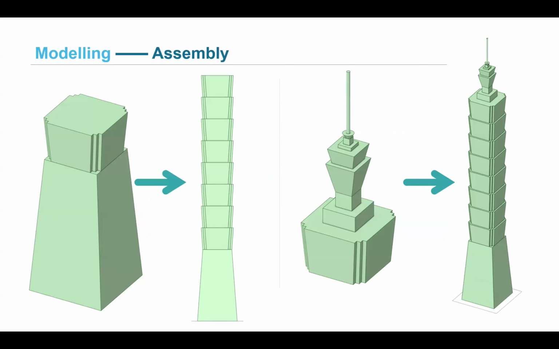Then we joined all the parts together and got our final model. We didn't add any details to it because, on the one hand, we don't have enough time, and on the other hand, the computer has difficulty calculating if we make the model delicate.